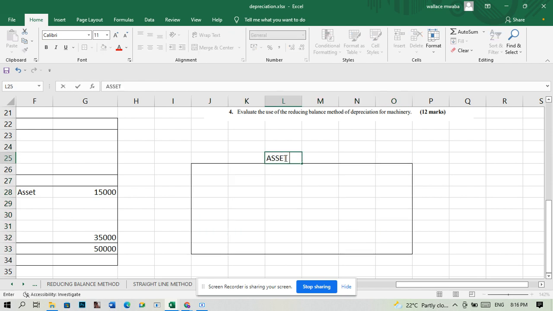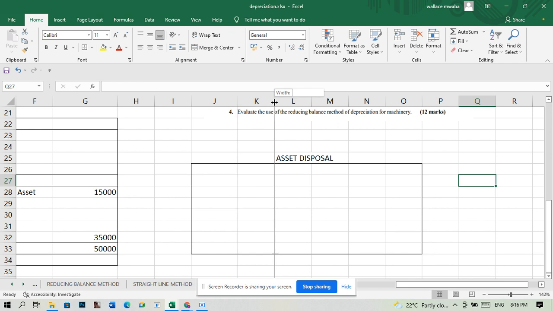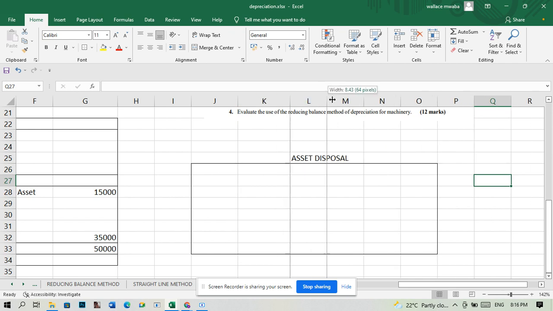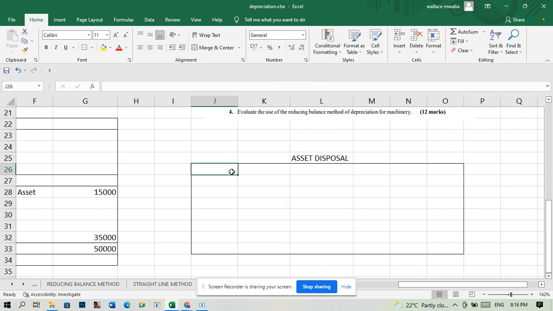So we're going to debit the asset disposal 15,000.